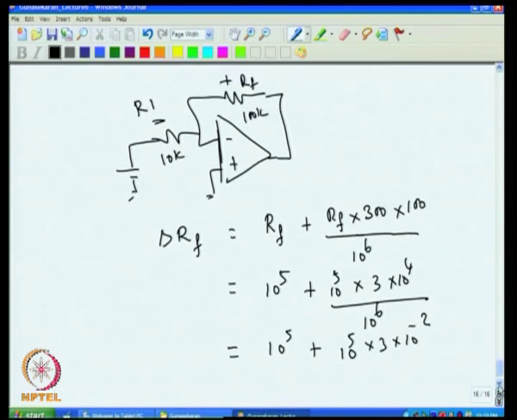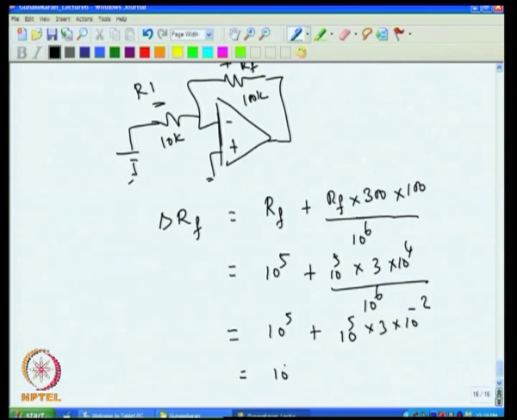That turns out to be 10 power 5 plus 3 into 10 power 3, that is 3000. That actually becomes 100 K plus 3 K. That means the resistance value of this has gone up by 3 K. The 100 K becomes 103 K at plus 80. So, assuming that at minus 20 degrees it was 100 K, then at plus 80 degrees this had become 103 K.